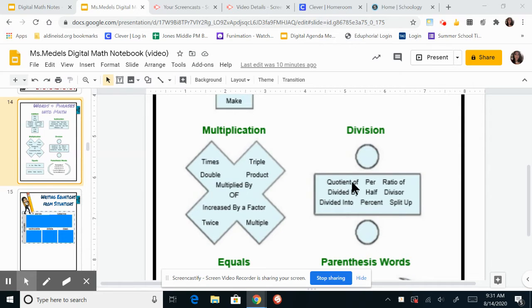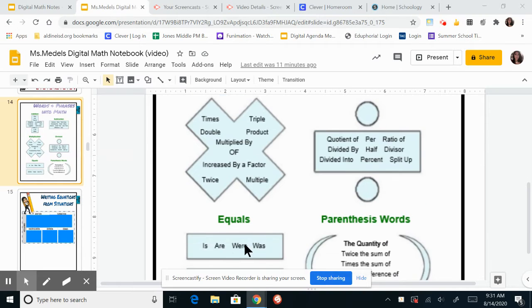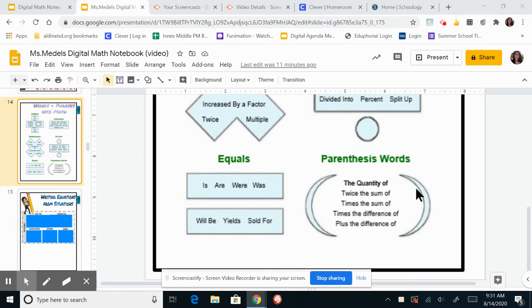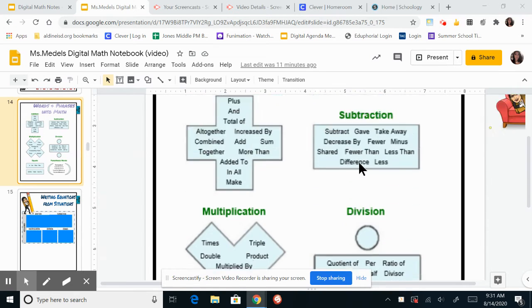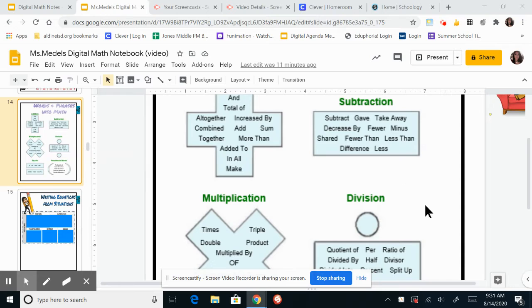Division, there's a quotient, divided, half, a divisor. Equals is, are, were, was, and then parentheses words, the quantity of, twice the sum of, and so on and so forth. I'm not going to read every single one. You can do that on your own. I just wanted to make sure you knew this was in there.